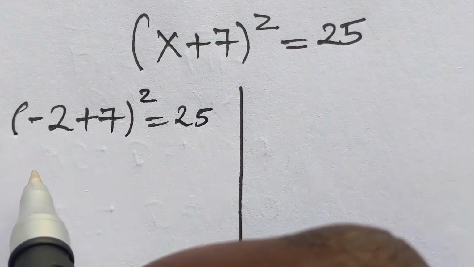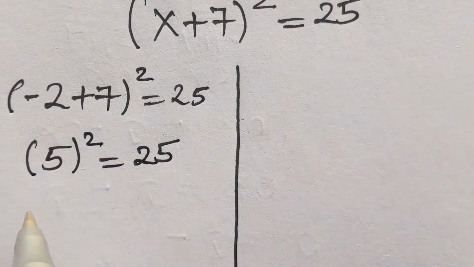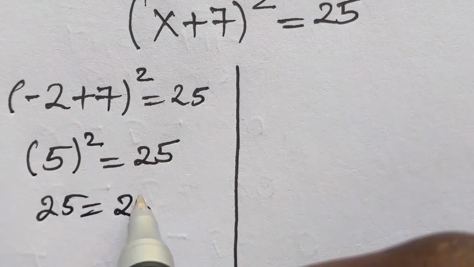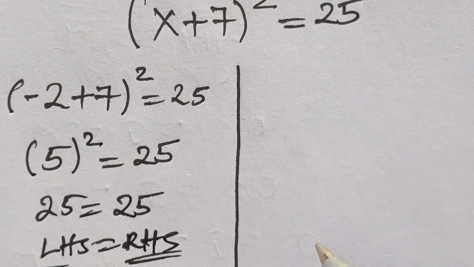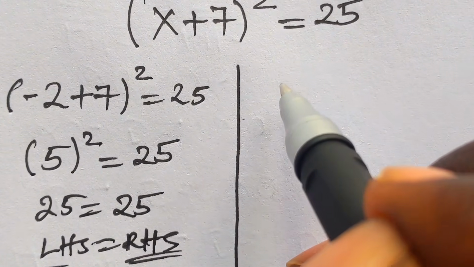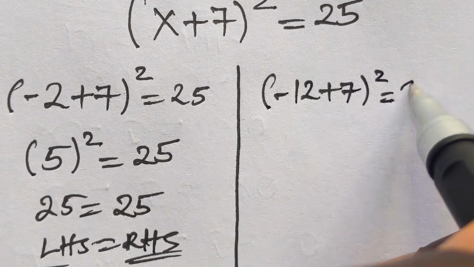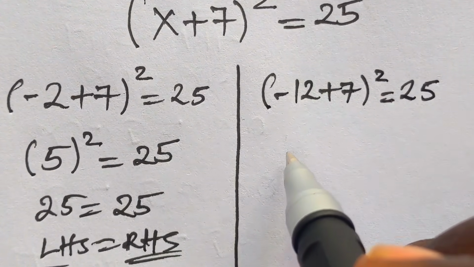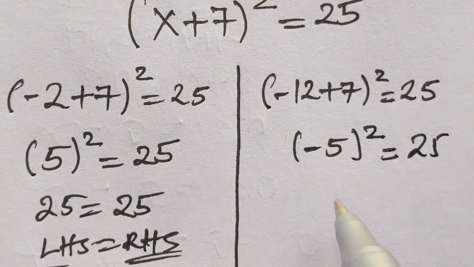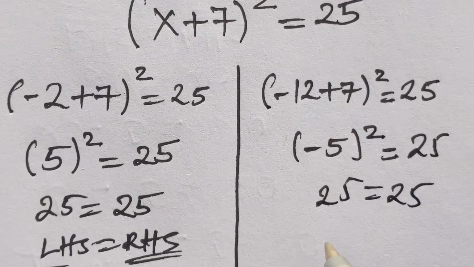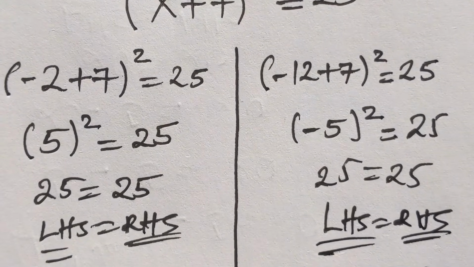So here we have 5 squared equals 25, and 25 equals 25, left-hand side equals right-hand side. So what about this one? Here we have negative 12 plus 7 squared equals 25, and of course here I have negative 5 squared, which equals 25. 25 equals 25, left-hand side equals right-hand side.